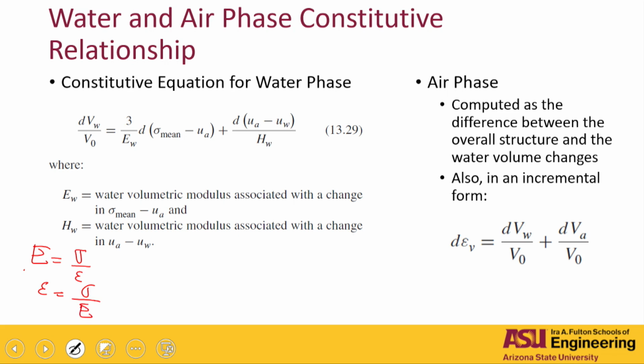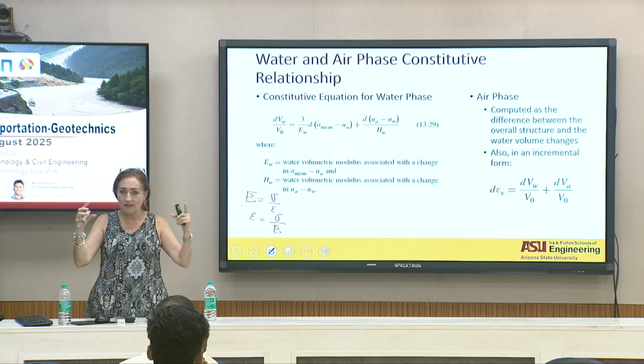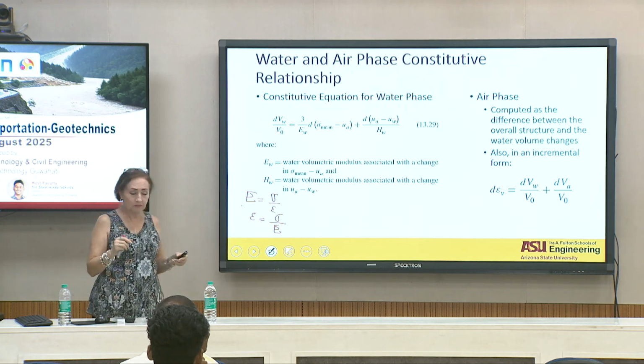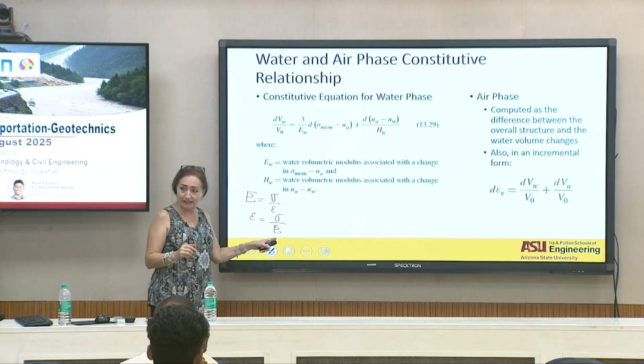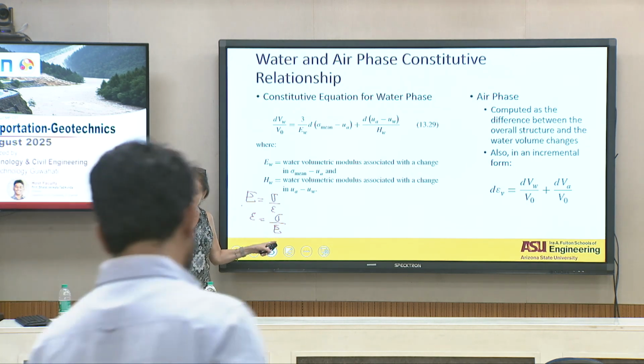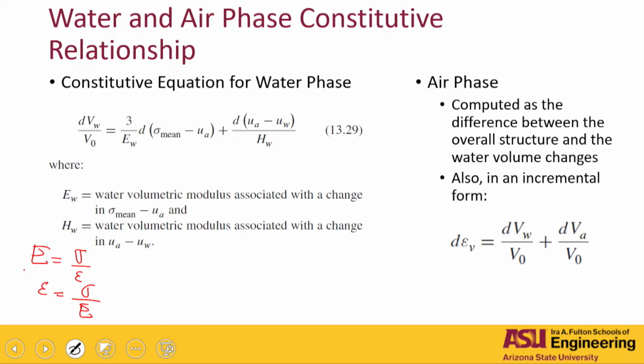If we're using the whole mass, when it includes the air and the water, the whole mass of the voids that are changing in volume, we're going to be using the elastic modulus. We always use the elastic modulus for that. But for the liquid phase only, we use the modulus of the water associated with the normal stress. We call it E_w, which is the modulus of the water. So the modulus is not going to be your elastic modulus. Now it's going to be the water modulus associated with that change.